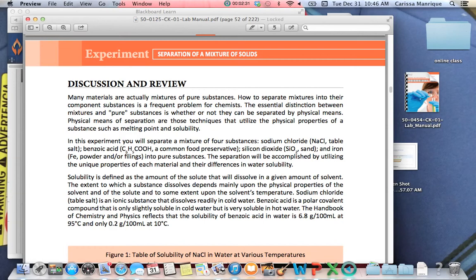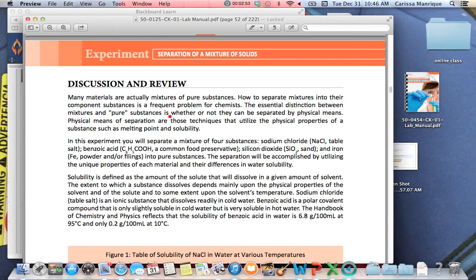They're not in the solution anymore because they've reacted together. Now the mixture, they don't actually react together. They will mix, but they don't react, okay? They have no reaction to each other. They just sort of mix up.